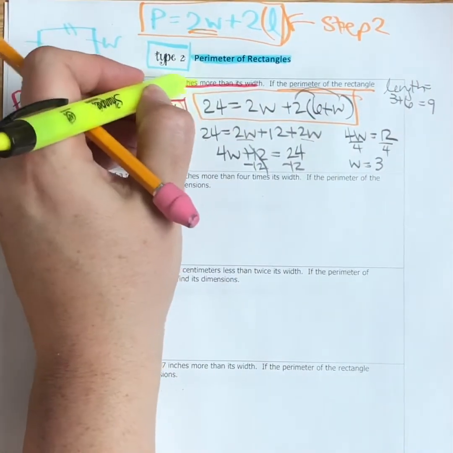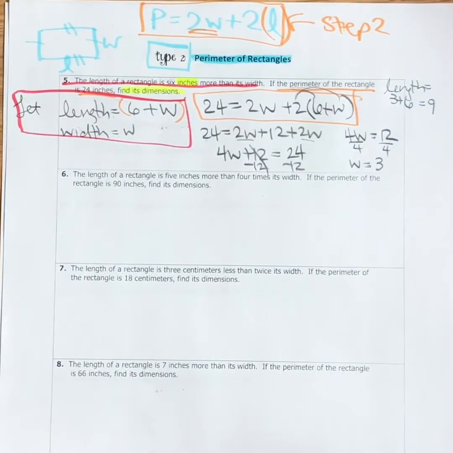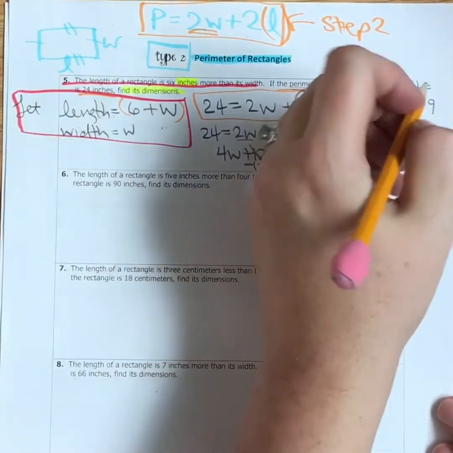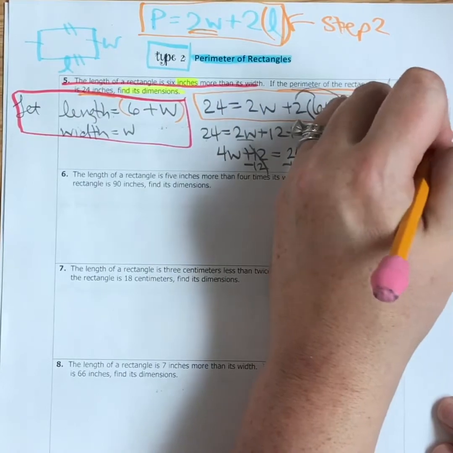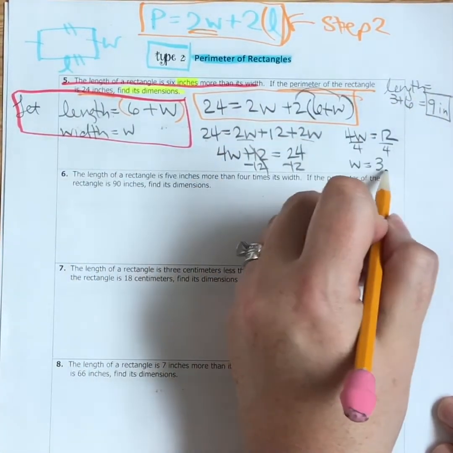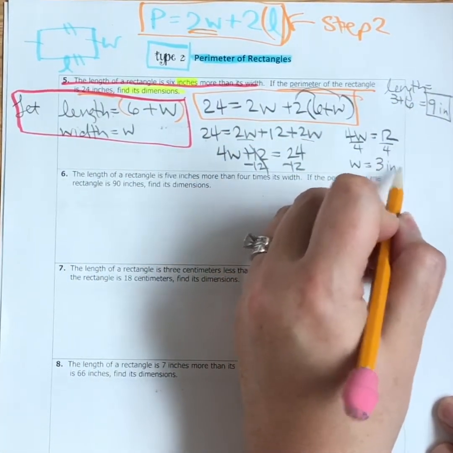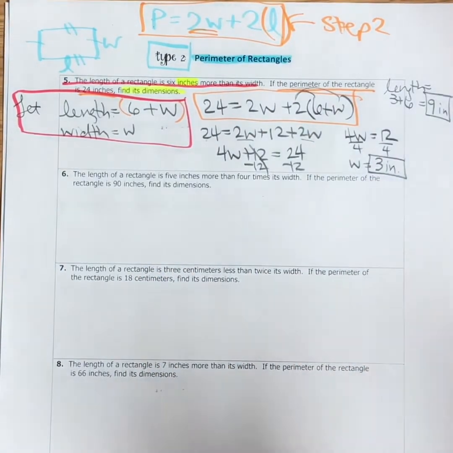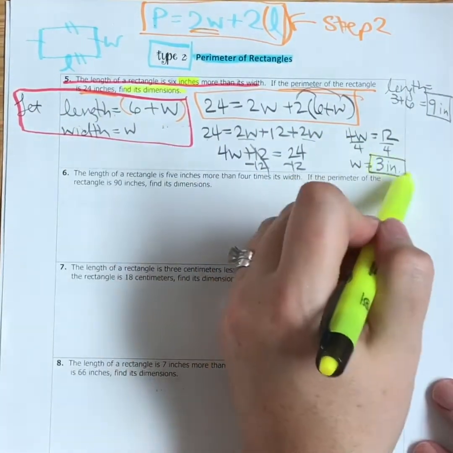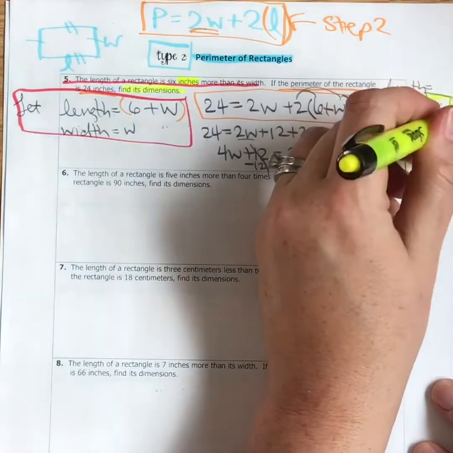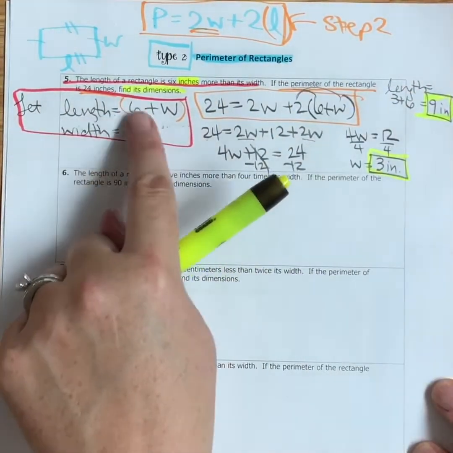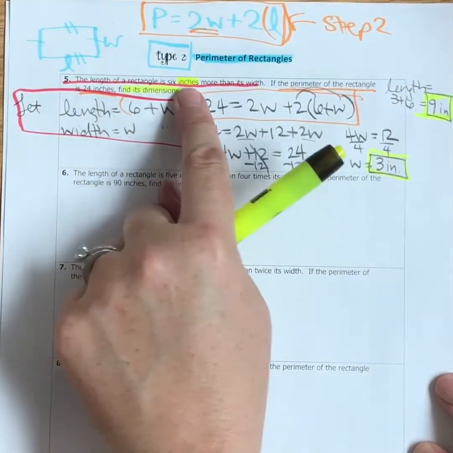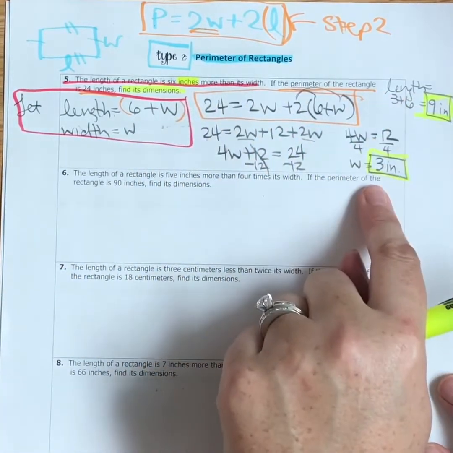The label has to match the label in the problem. So actually the length is 9 inches, that's one answer, and the width is 3 inches, that's your second answer. So not only do you want to check step 1 to make sure you have both answers, but check the label in the problem.